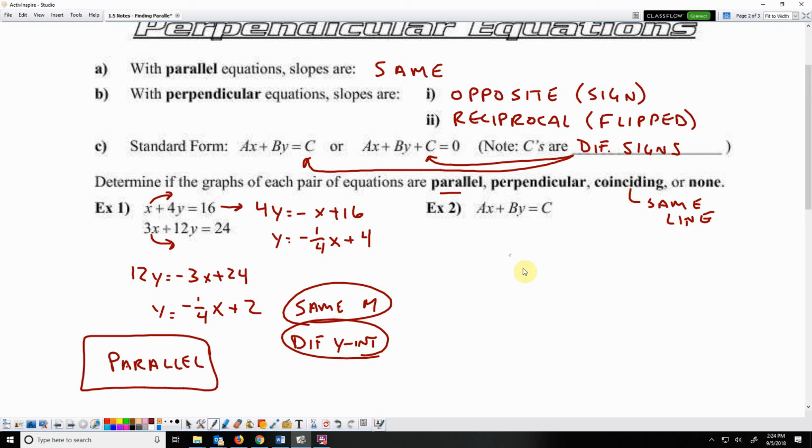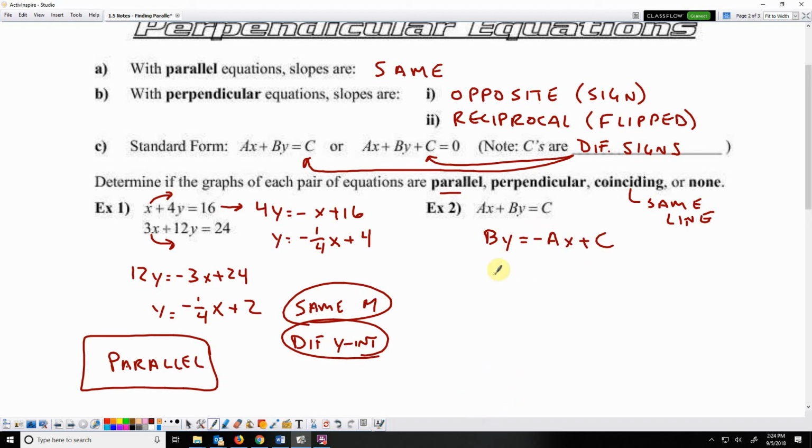All right, now this line, we've only got one, and it's really just the original standard form. It's not really any particular line, but we're going to get something out of this. If we put it into slope-intercept form, we get by equals negative ax plus c.